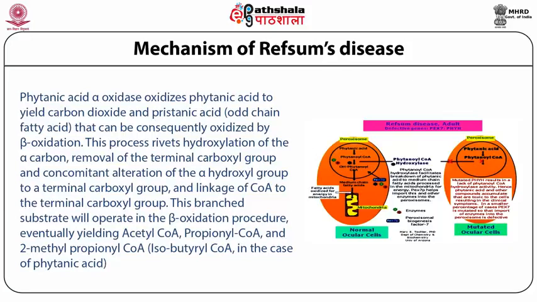The so formed pristanic acid is consequently oxidized by beta oxidation. This process involves hydroxylation of the alpha carbon, removal of the terminal carboxyl group, and concomitant alteration of the alpha hydroxyl group to a terminal carboxyl group, and the linkage of coenzyme A to the terminal carboxyl group.